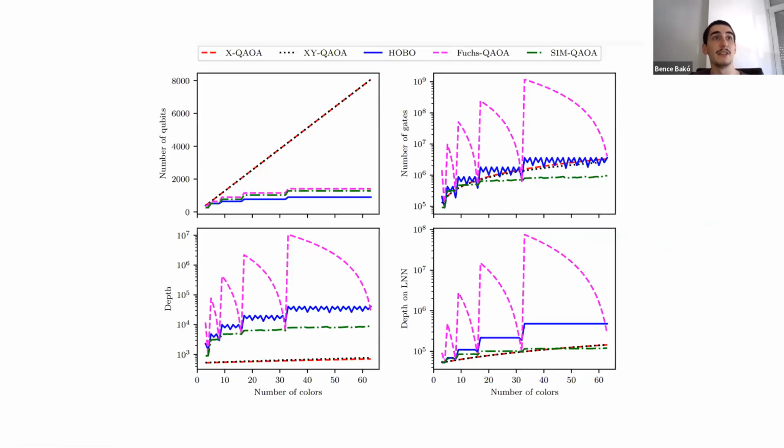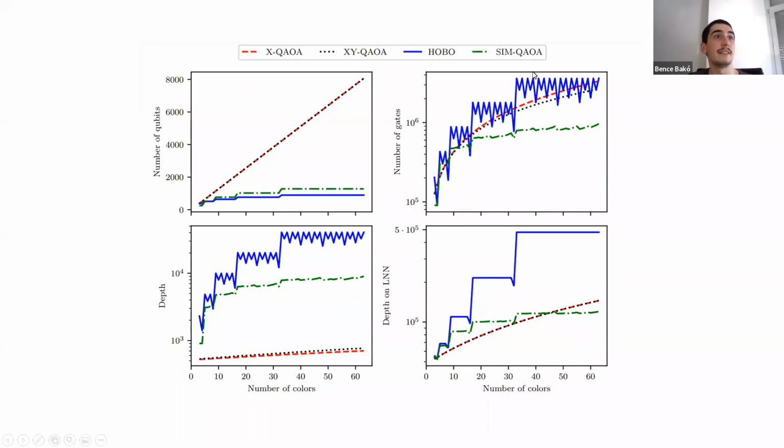And if we look at the implementation as well, and let's remove Fuchs QAOA for now, then we can see that indeed in the number of gates it is the best one, and on depth on LNN topology it also reaches the best result in just under 50 colors. And we could keep the number of qubits in the same order as for HOBO.